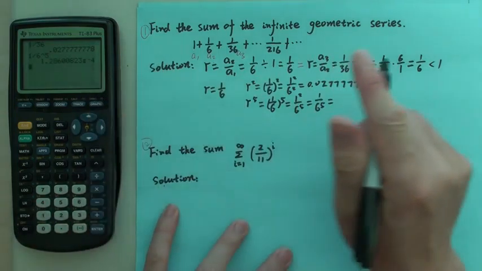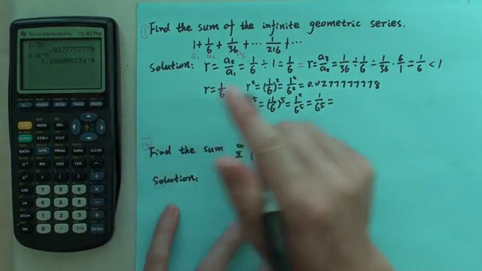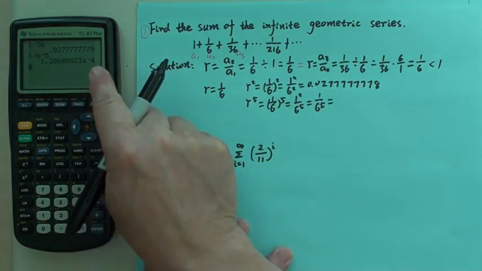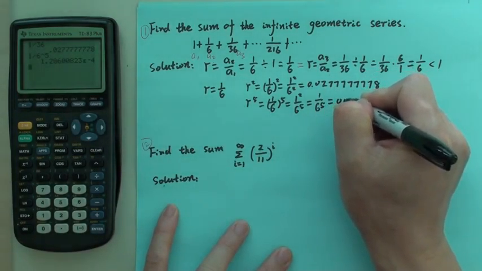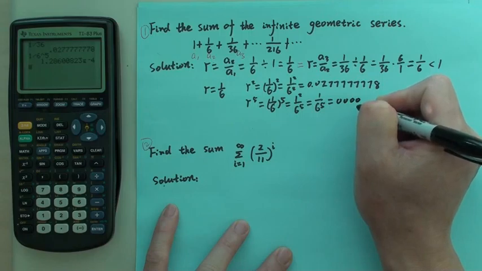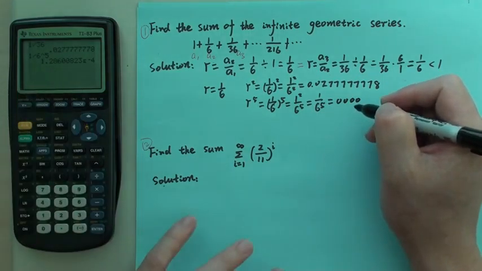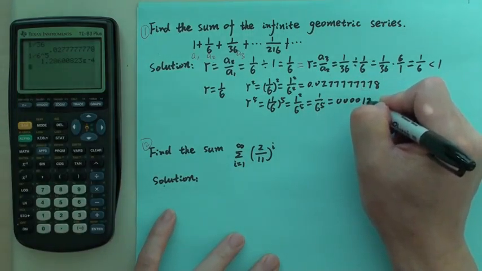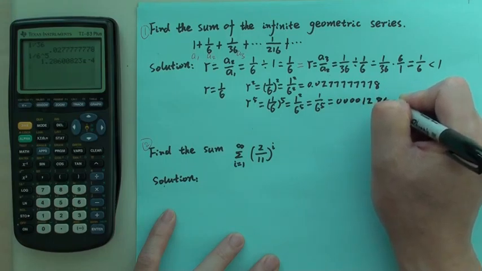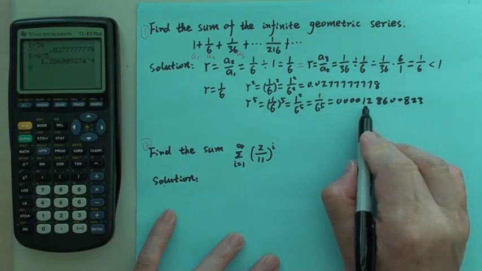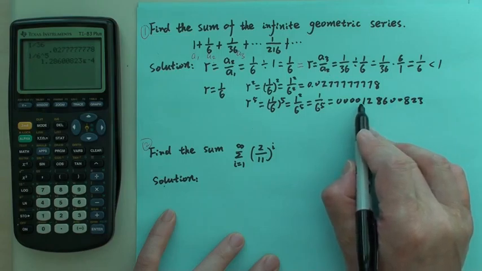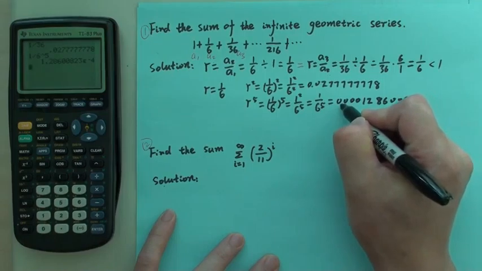What is the meaning of that? The exponent is -4, which means there are 4 zeros. Shift by 4 zeros, and here is 1, 2, 8, 6, 0, 0, 8, 2, 3. The point was here, and you shift 4 times: 1, 2, 3, 4. So it goes to here.